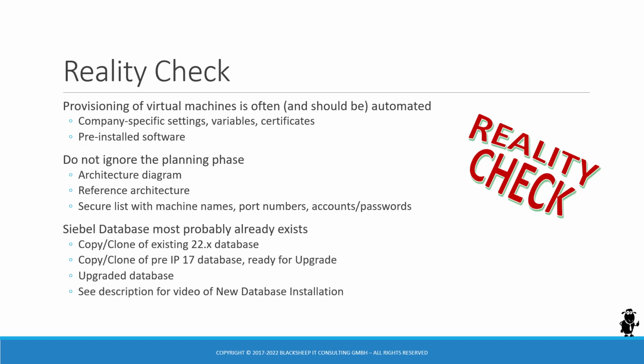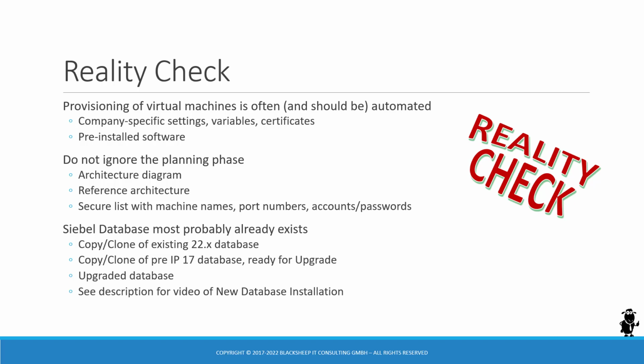Another important part is not to miss or ignore the planning phase for your environment, as simple as it may be or as complex as it will be. The database most probably already exists, so you connect your Siebel Enterprise to an existing Siebel database, which could be either a copy or clone of an existing 22 database, which means you, for example, intend to create a test environment using a copy of another test database or production database, or you have cloned a pre-IP17 database for the purposes of upgrading it, or it is an upgraded database.